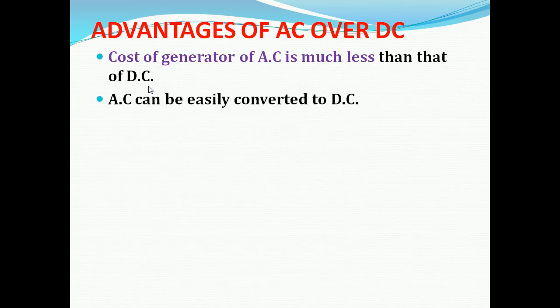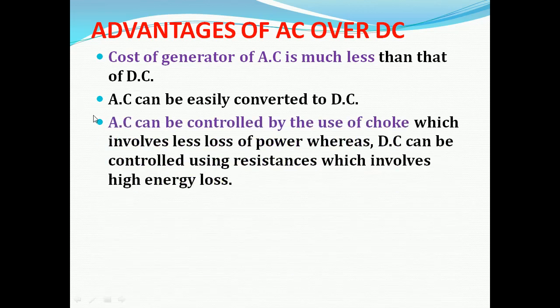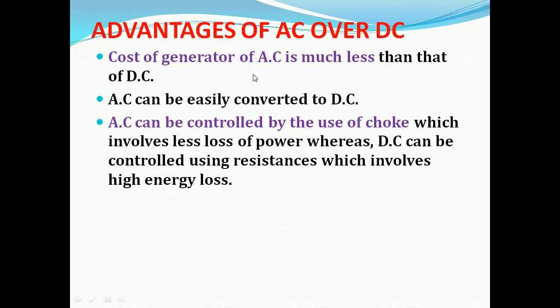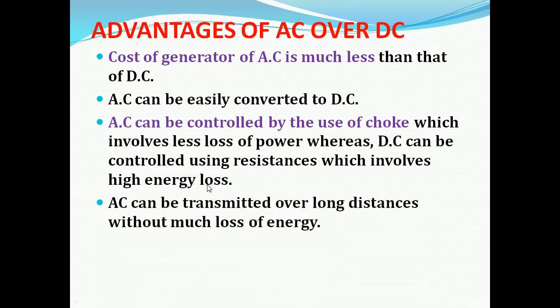AC can be easily converted to DC, and AC can be controlled by the use of a choke, which involves less energy loss, but DC can be controlled by resistance, which involves high energy loss. This is one of the important advantages.